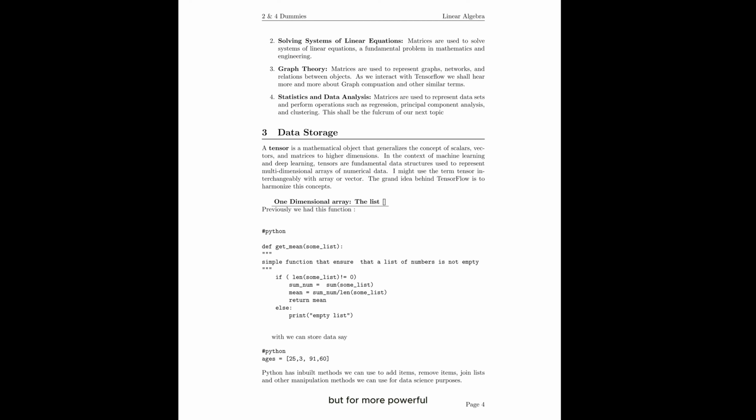But for more powerful use cases, you will want to use libraries. One such library that we shall be using is numpy. You can convert your lists or your arrays into a numpy array. There, I have an example where I declare an NP array, and another example where I convert a list into a numpy array.